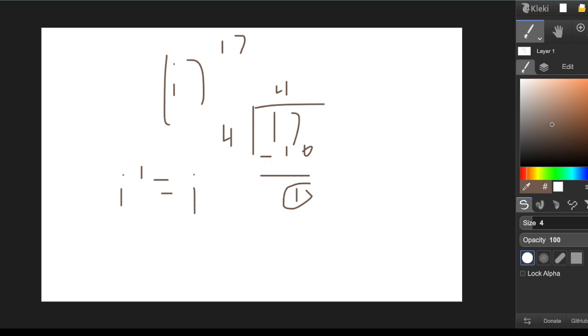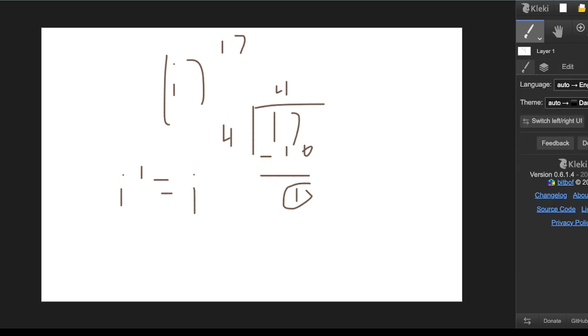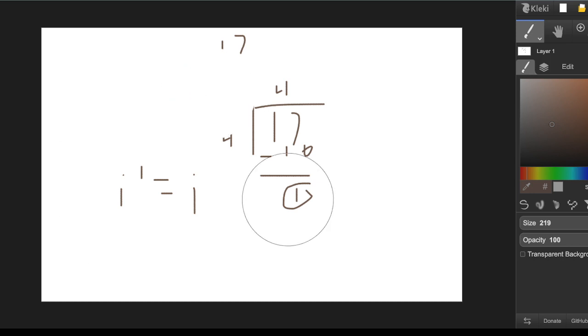And last but not least, I'm going to take a look at this one. Alright, pause the video, do this one on your own, have fun with it. i to the power of negative 9. Okay, you're like, what the heck is this? Well, if you have i to the power of negative 9, there are a couple things you could do with it. I would multiply by i to the power of 16, because that's 1.